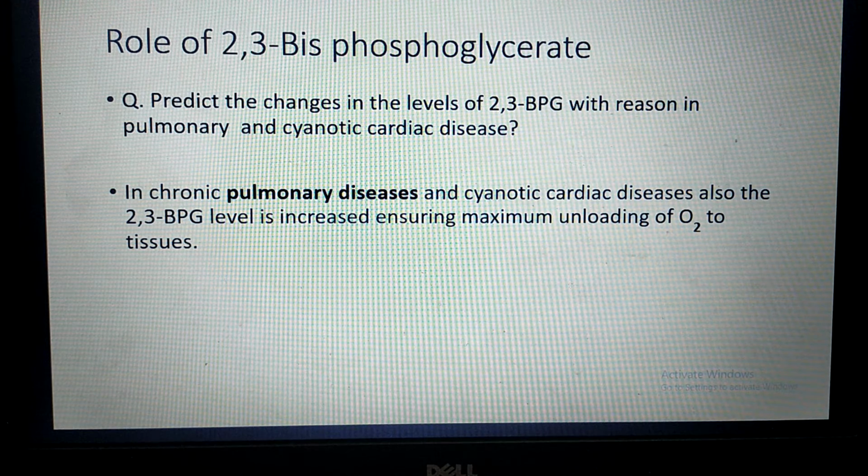So in chronic pulmonary disease and cyanotic cardiac diseases, 2,3-BPG levels increase, so that more amount of oxygen can be delivered to the tissues in such conditions.